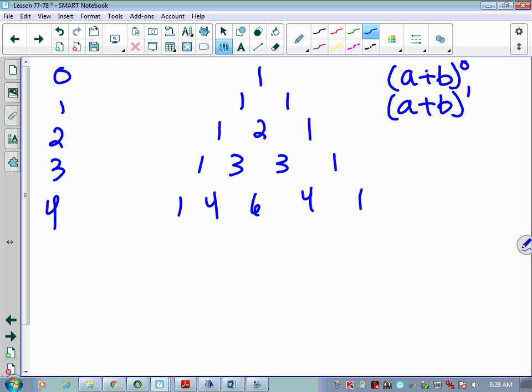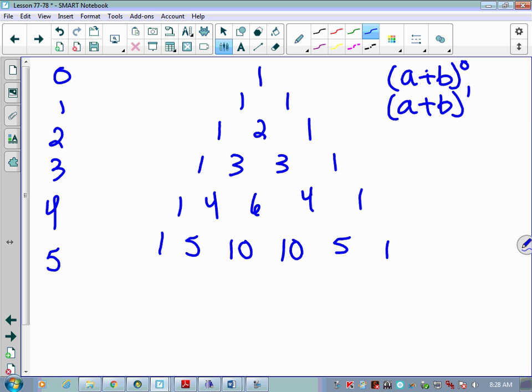We'll go as far today as 5, but hopefully you see the pattern is 1, 5, 10, 10, 5, 1. Okay, so Pascal's triangle, if you know how it starts, at least to 2, from 0, 1, and 2, then the pattern's pretty easy to see.